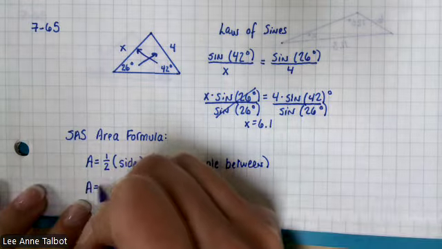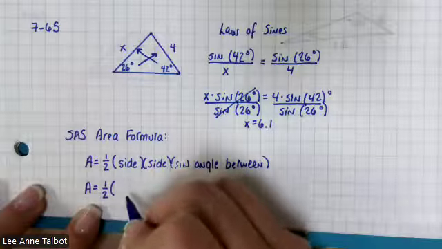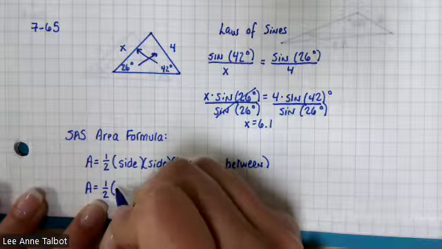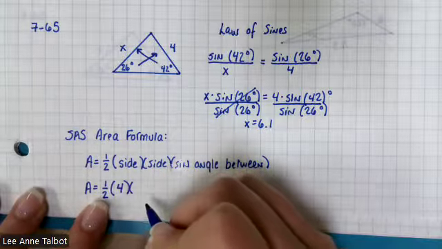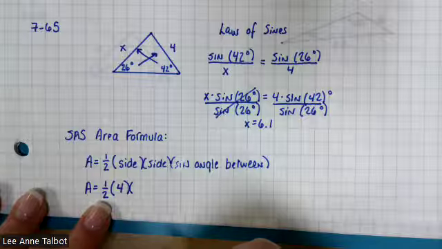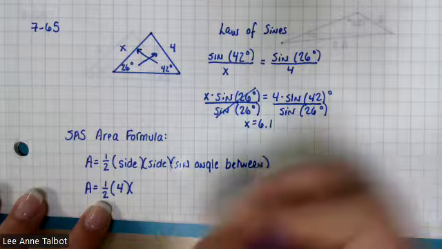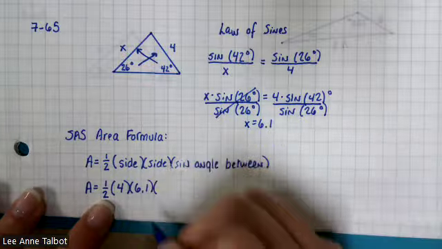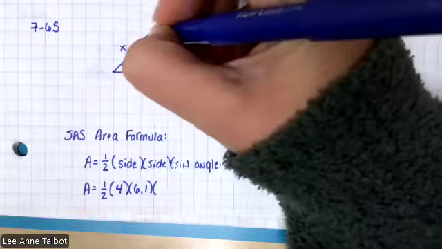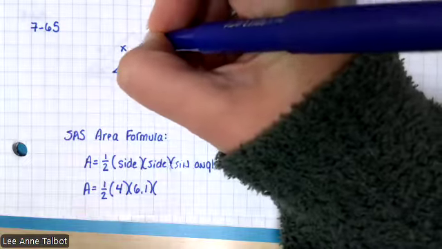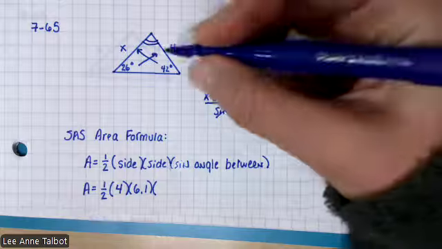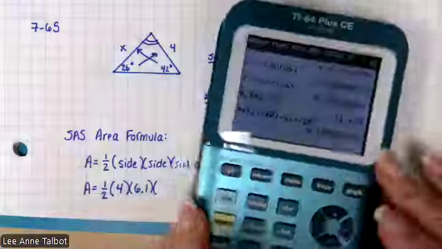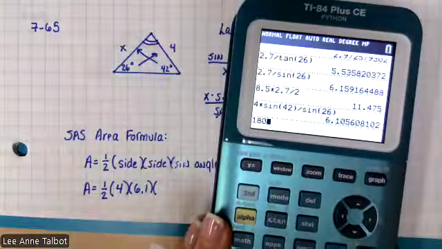Okay, so give me one of the sides of this triangle. 4. Give me another side. Right, which is 6.1. And then what is the angle between them? So that would be this one here. How do I find that? Does anybody know what it's called? It's 112.